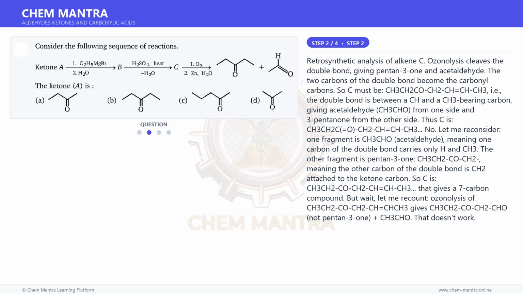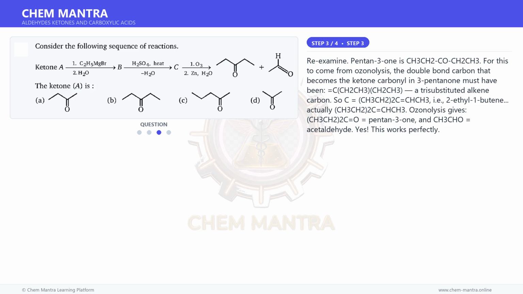That gives a 7-carbon compound. But wait, let me recount. Ozonolysis of CH3CH2CH2CH=CH3 gives CH3CH2CH2CHO, not pentan-3-one plus CH3CHO. That doesn't work. Moving on to the next step.